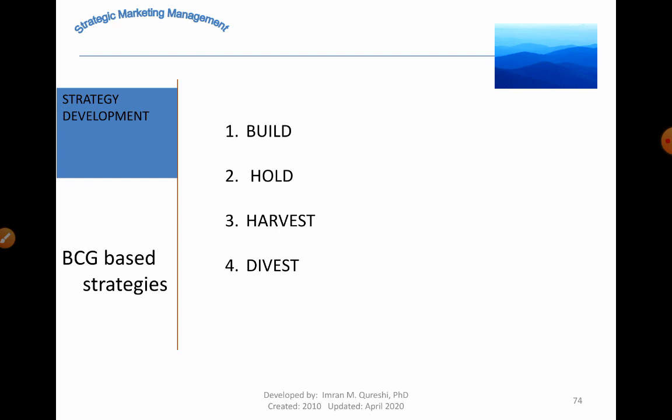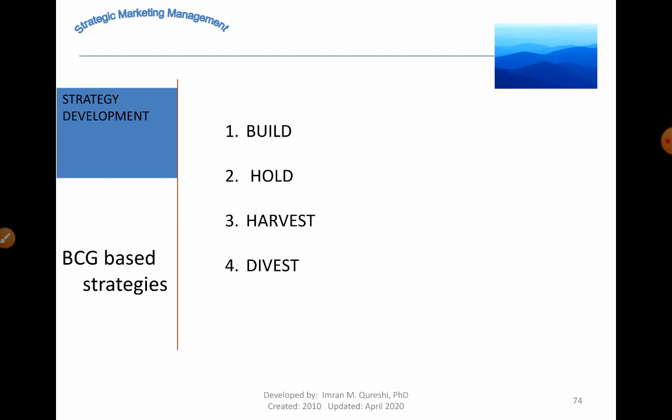For example, if you had invested 100,000 rupees in your company last year, or in the last strategy development frame, then in this one you maintain your level of investment. You put 100,000 rupees. That would be holding your position, holding your level of investment. That means more money is coming in, and that would be spent in terms of some activity happening in the company as well. So this will also translate into activity.